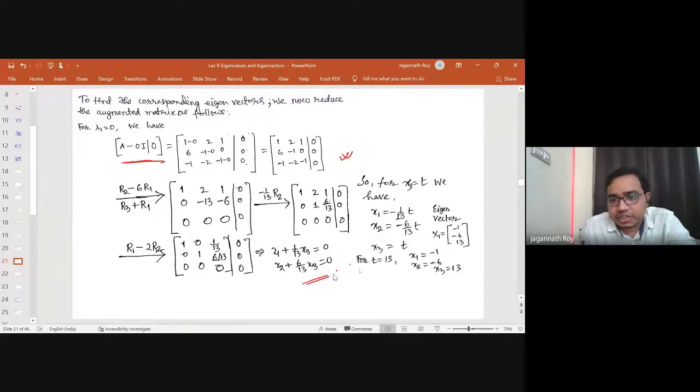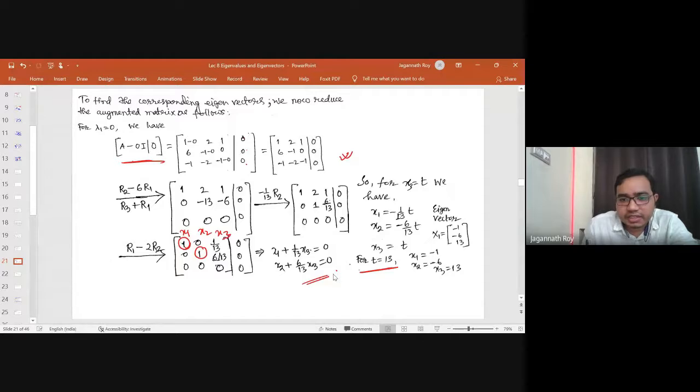Depending on the situation, we take t as a parameter. Here we have to understand which are the basic variables and which are the non-basic or free variables. Here in this case, x1, x2 and x3.